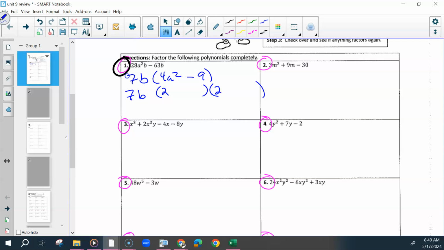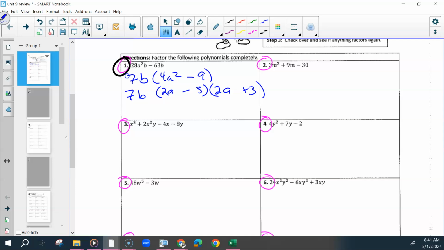What times what would give you a squared? a. And what times what would give you 9? 3. And then put a plus and put a minus. It doesn't matter which one is plus, which one is minus. So then your final answer would be that. We can't do anything else with those. So there we practiced GCF and difference of squares.